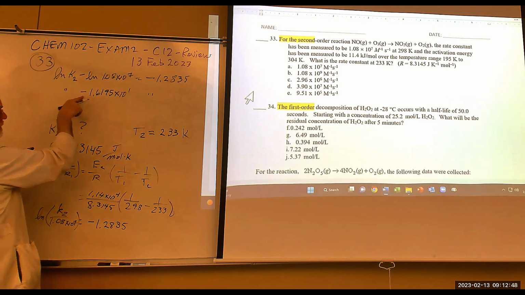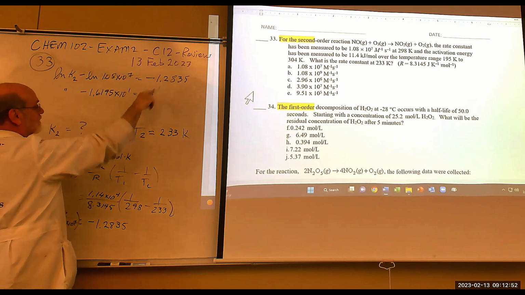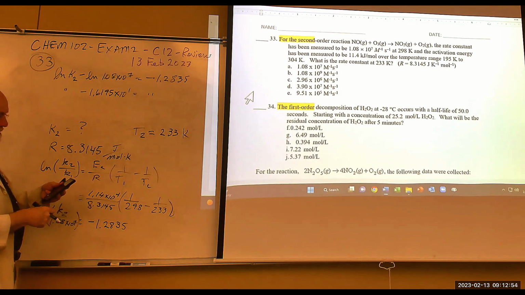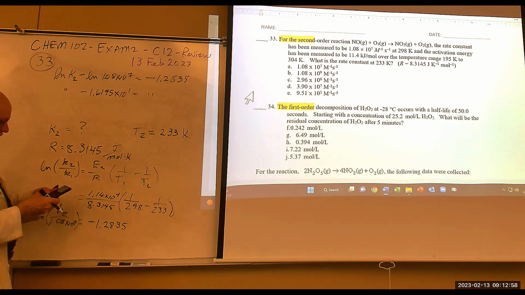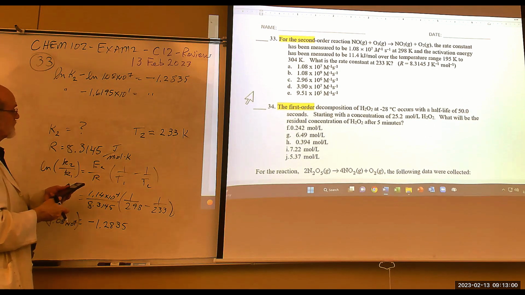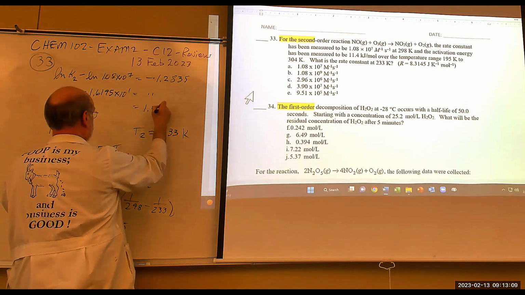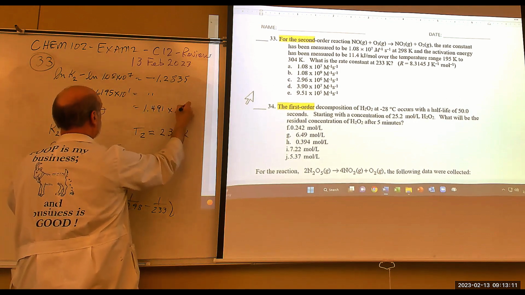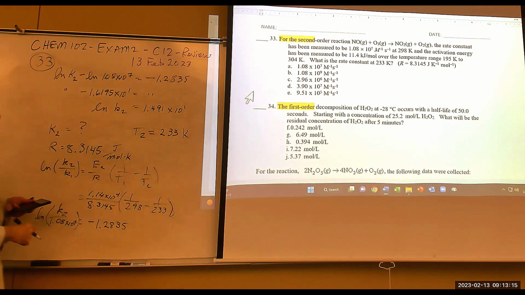So this, on that side, would be a positive. Right? We just take that over there and add it to that value. Okay. It's in my calculator already. All I have to do is punch the add button. And on this side now, I get 1.491 times 10 to the first power is equal to the log of K2. Okay.